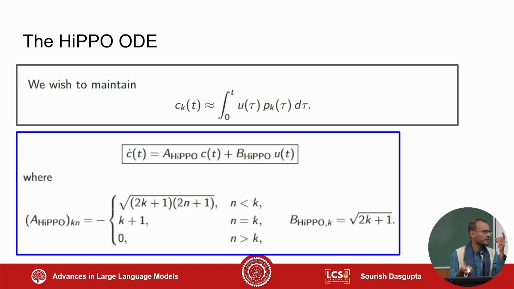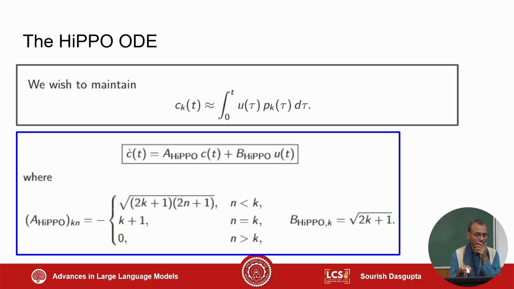You can think of C as X. So X'(t) = A Hippo X(t) + B Hippo U(t). So now everything is hippoized, sort of. Okay, where A Hippo, for a matrix of K cross N, is going to be something like this.